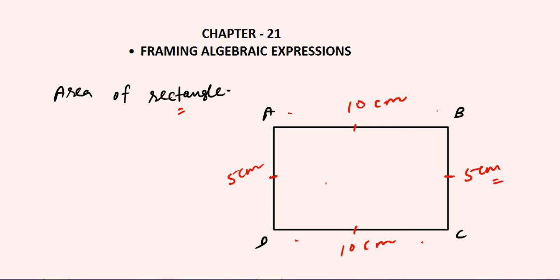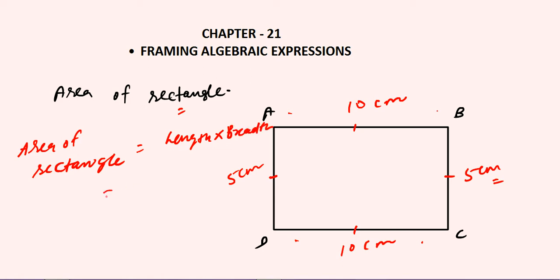Now how are we expressing area in terms of variables? So area of rectangle equals length into breadth. For length we are using L and for breadth we are using B. So area of rectangle is length into breadth.